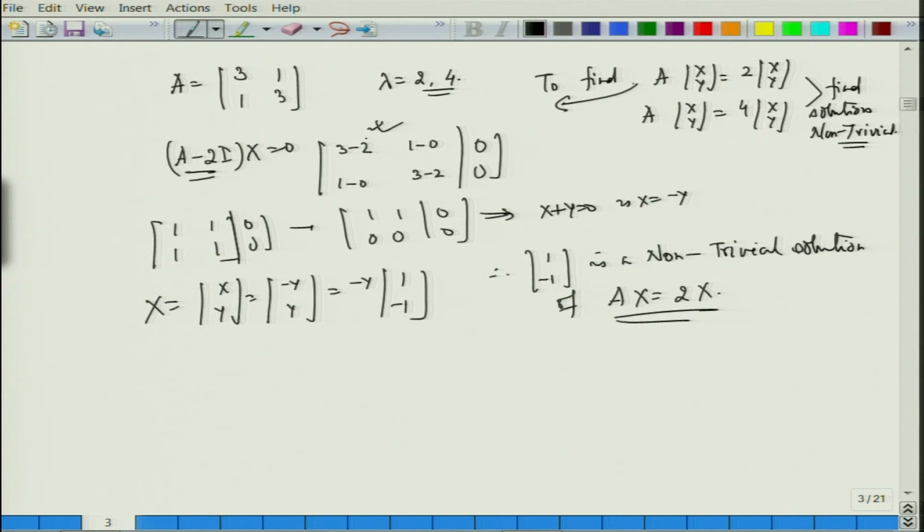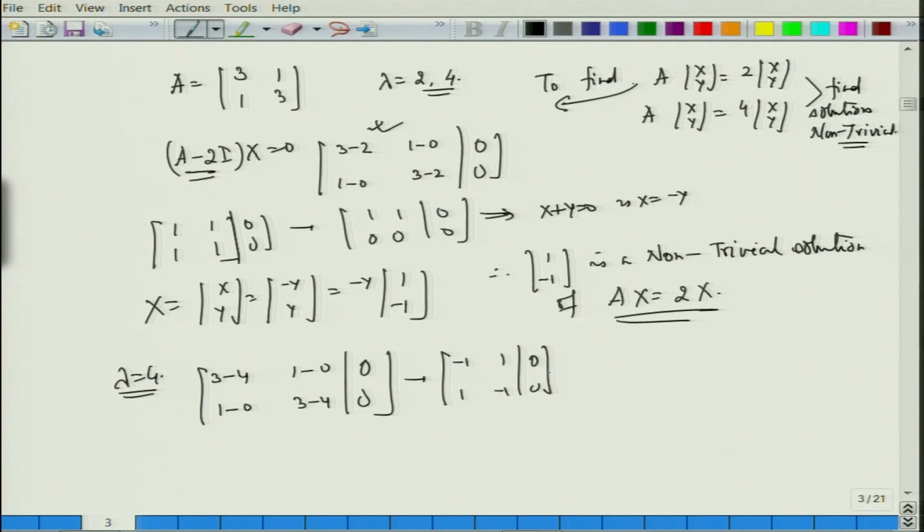Similarly, if I want to do it for lambda equal to 4, I need to look at 3 minus 4, 1 minus 0, 1 minus 0, 3 minus 4, with right side 0 0. This augmented matrix is the same as looking at minus 1, 1, 1, minus 1, with 0 0, whose RREF is nothing but [1 minus 1; 0 0] with 0 0.